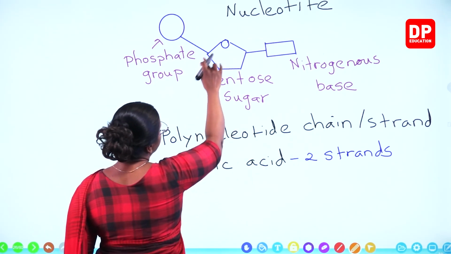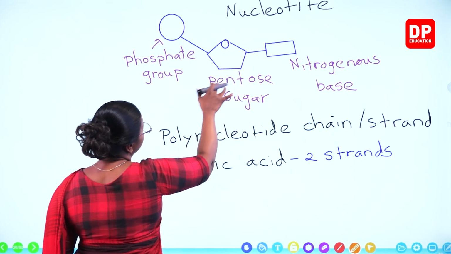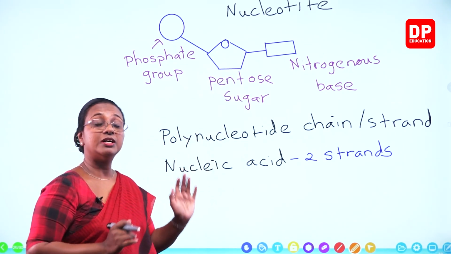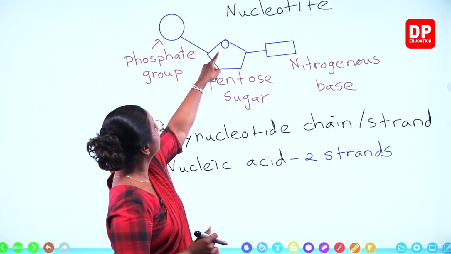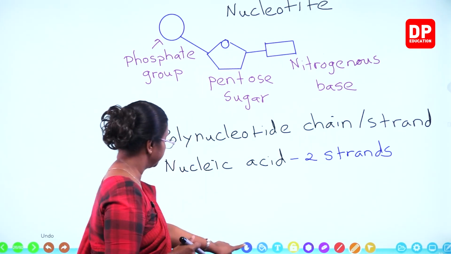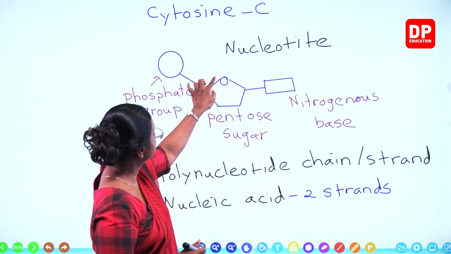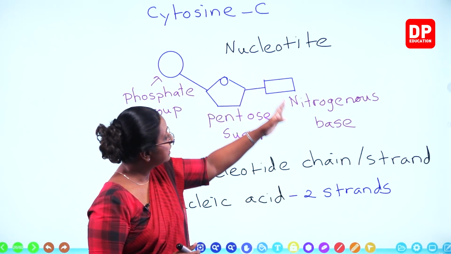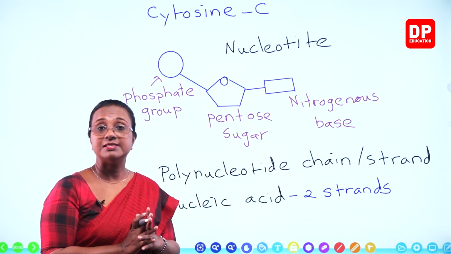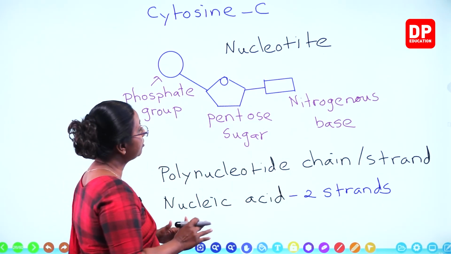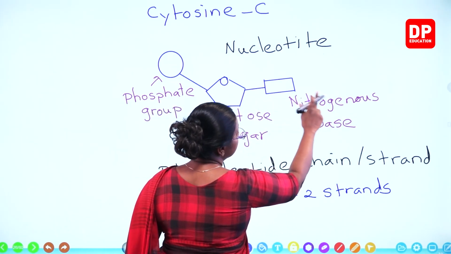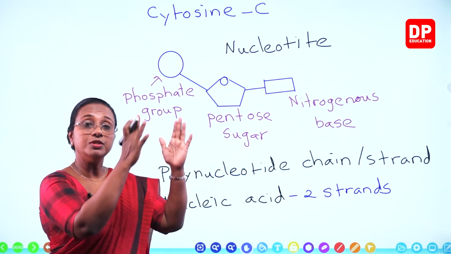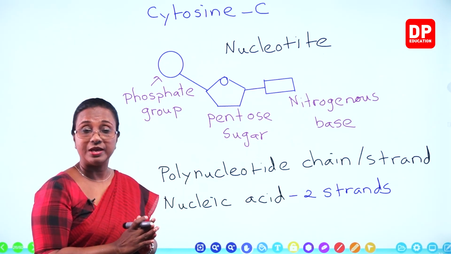If in one strand the pentose sugar is this way, in the second strand the pentose sugar is inverted. Here you can see this is the oxygen, facing upwards, and in the next strand the oxygen will be facing downwards. And always the nitrogen bases combine with each other. That is how the 2 strands are combined together.